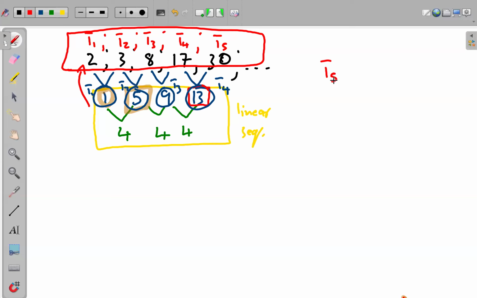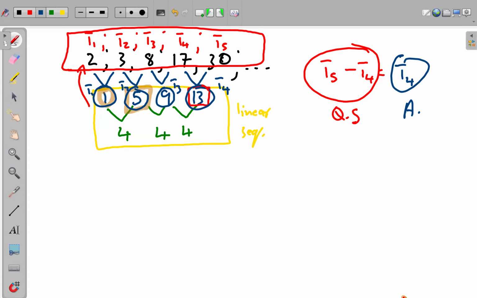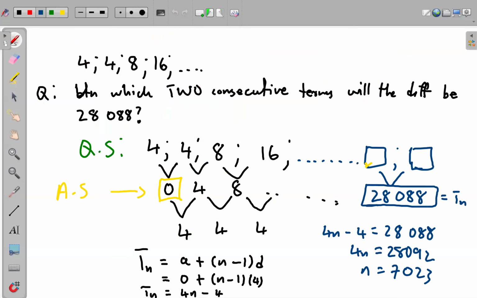If I go term number 5 minus term number 4, I'm actually getting term number 4 of the arithmetic. These are from the quadratic sequence, and this is from the arithmetic sequence, which is within this very same quadratic.